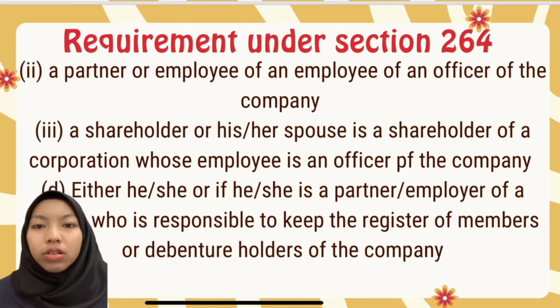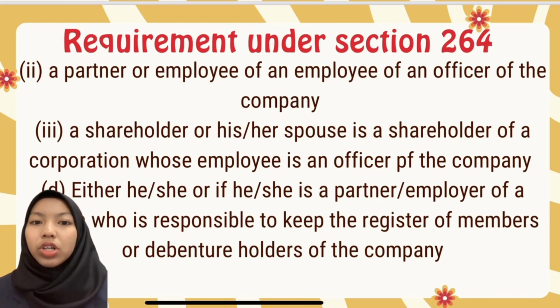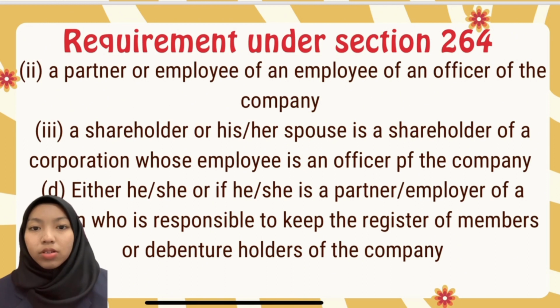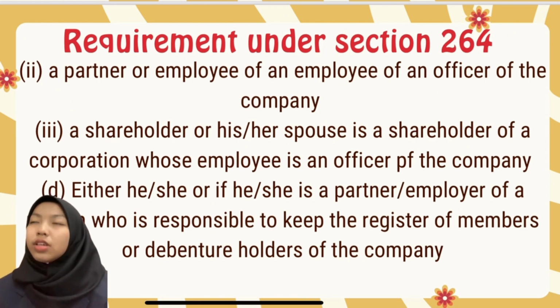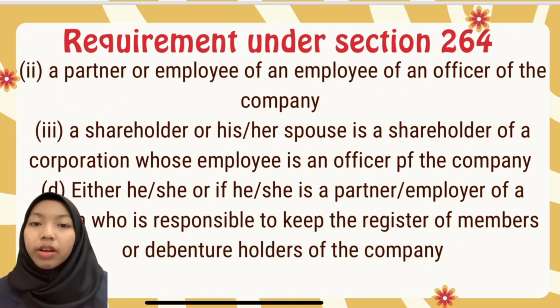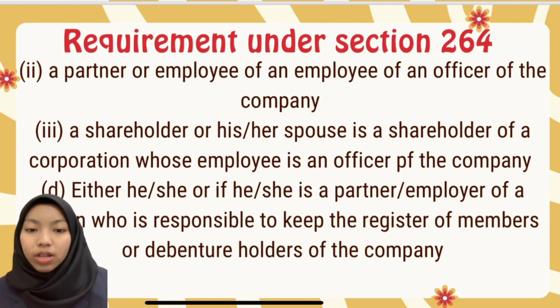Number 3. A shareholder or his or her spouse is a shareholder of a corporation whose employee is an officer of the company. D. Either he or she, or if he or she is a partner or employer of a person who is responsible to keep the register of members or debenture holders of the company. Okay, for example, if the auditor is given trust by the director to keep everything about the company's finances and not to share with outsiders.